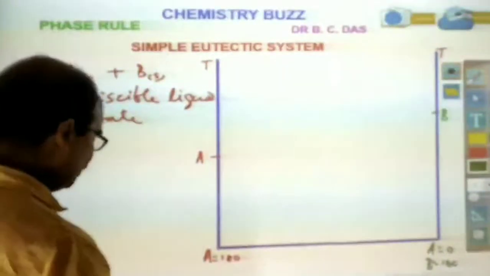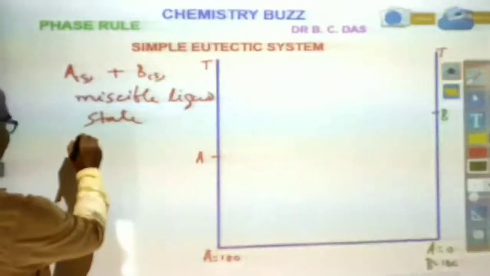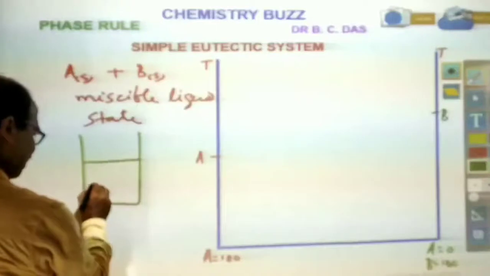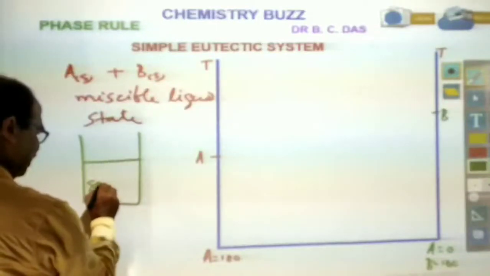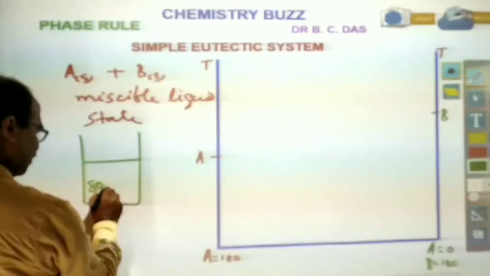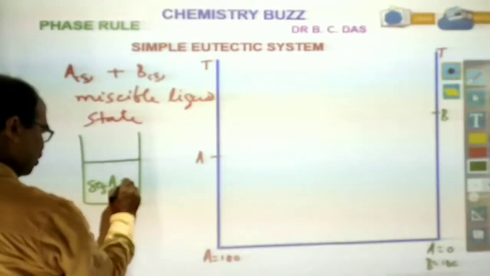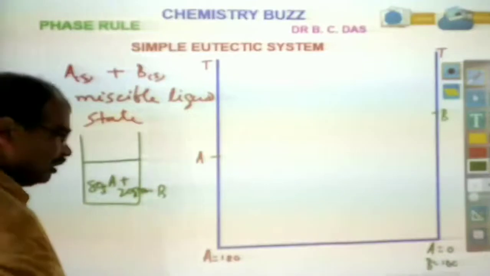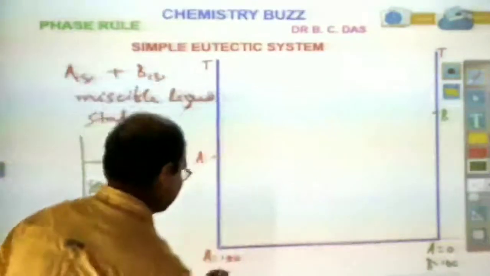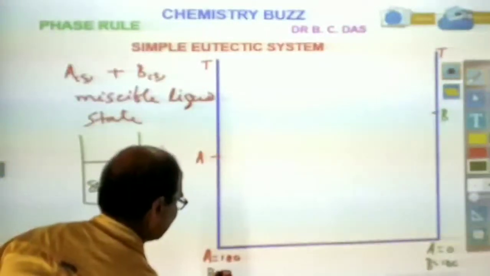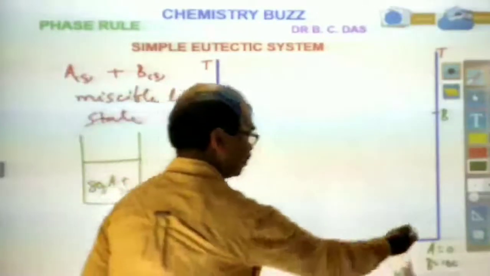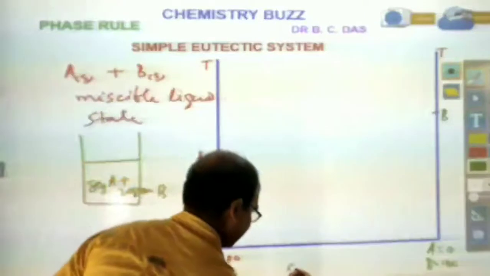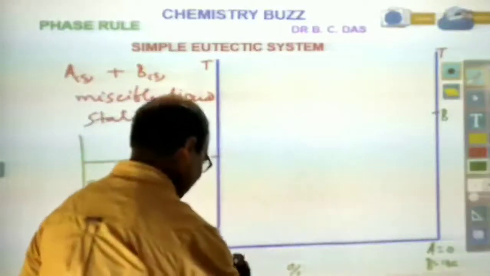Suppose let us consider a container in which we take 80 gram A plus 20 gram B. Along the x-axis we plot the percentage composition.